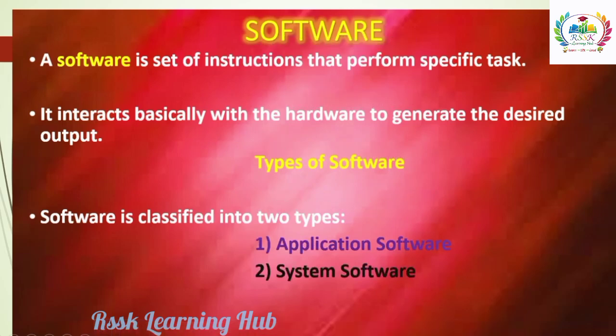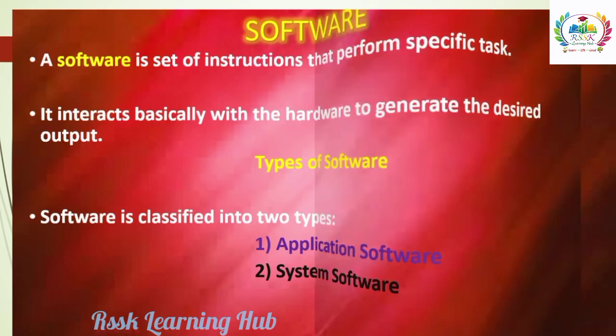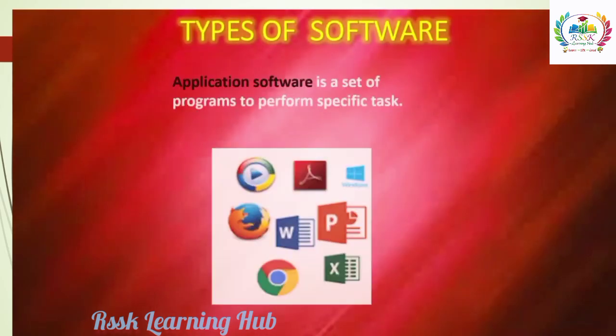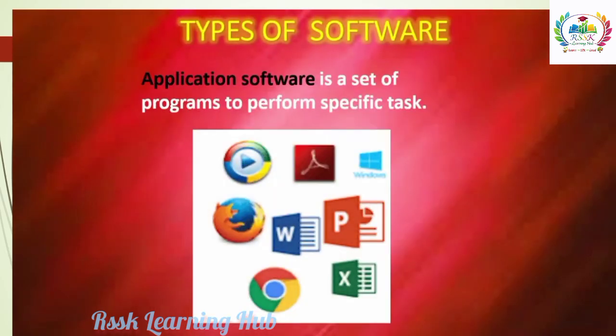Now, types of software. Software is classified into two main types. One is application software, another one is system software. Coming to application software, it is a set of programs to perform an assigned task. So a specific task is implemented by using your application software.